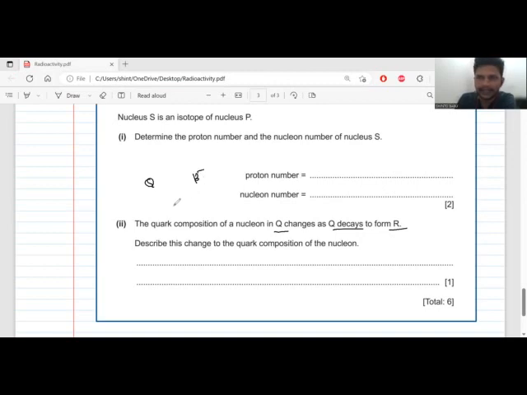And beta minus decay happens when a neutron changes to a proton. So a U quark and two D quarks change to two U quarks and a D quark. So describe this change to the quark composition of the nucleon. You can say a D quark is changed to a U quark.